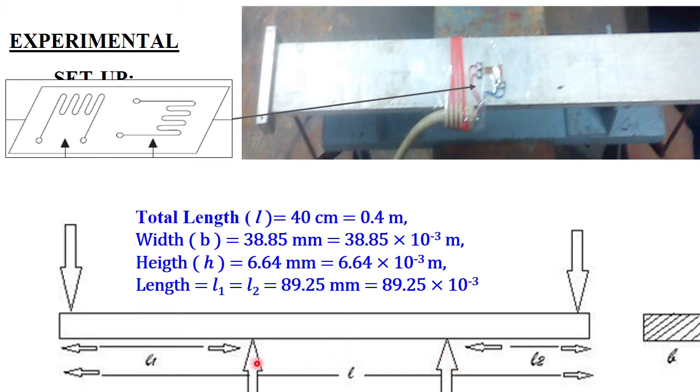And what will happen to the moment between these two support points? It will remain constant, that you understand. So the moment diagram is 0 here, gets a particular value of moment here which remains constant, then comes back to 0. And our strain gauges are fitted somewhere in the middle, but that is not important because the moment all through this length is constant.